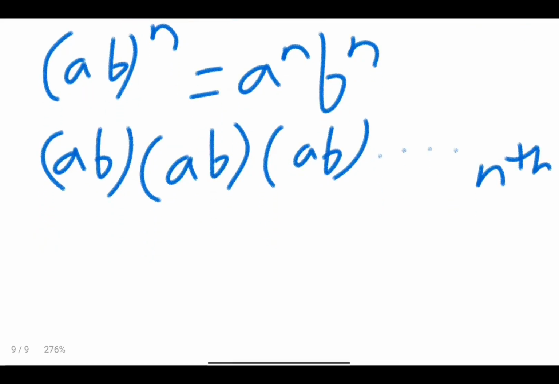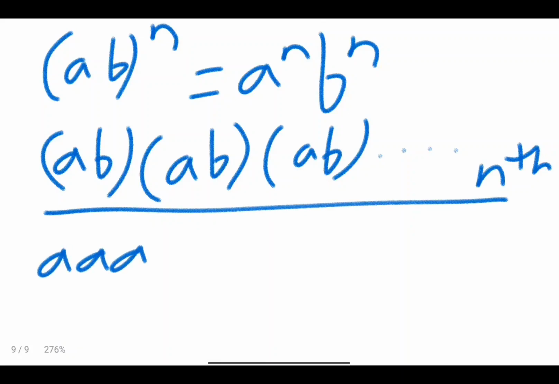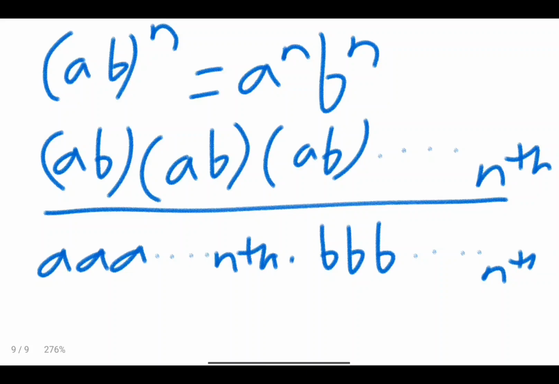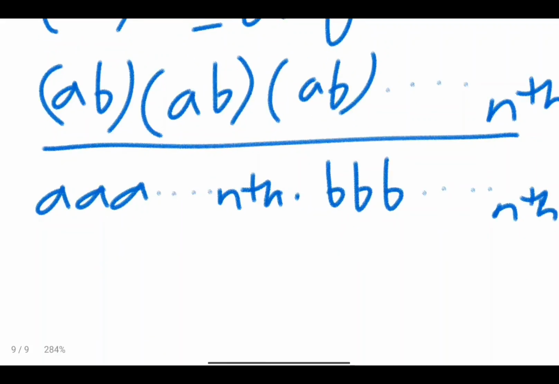So if we simplify it, we see that we have A and B both n times in this line. So it will be written separated like this, nth time into again n times, and this can be written as a^n and b^n.